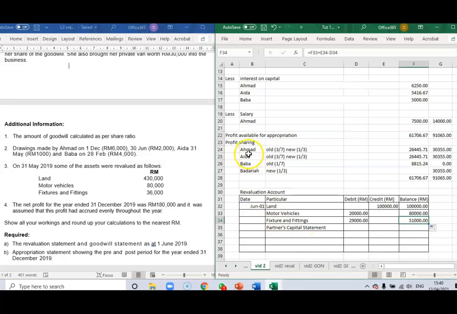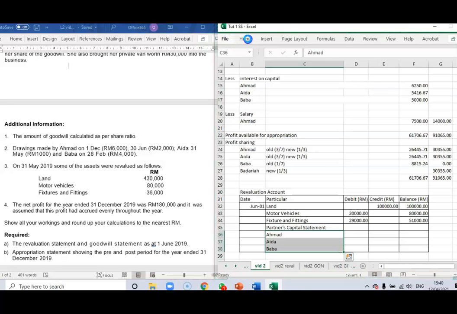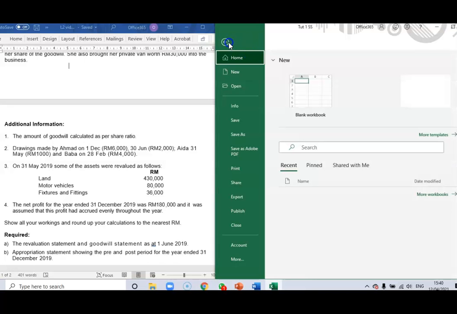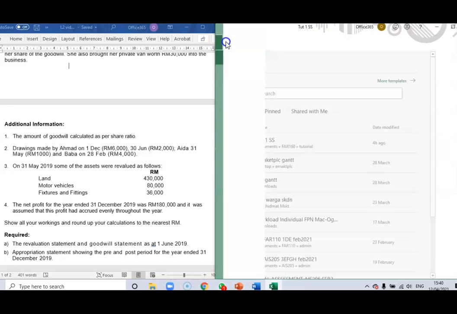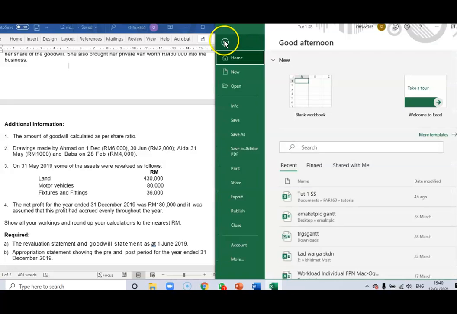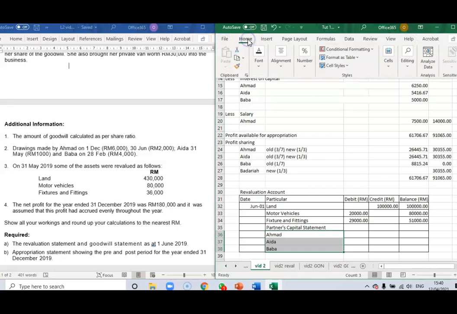So you will distribute to Ahmad, Aida, and Baba, because Badaria does not belong to this particular period. So they are not entitled. Badaria is not entitled for the revaluation surplus.